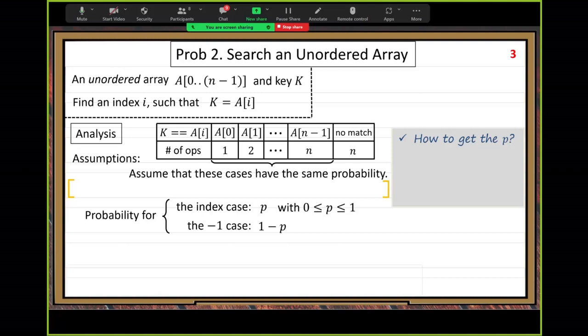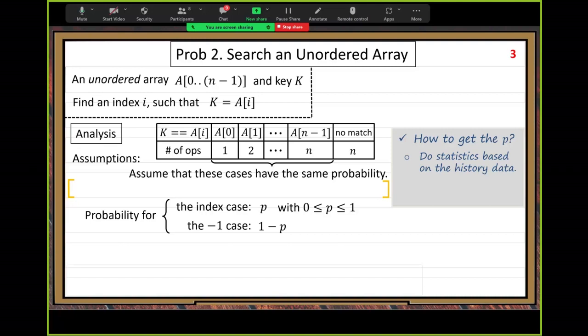Let me give you the possible answers. One way to get it is to do statistics based on the history data. When you apply this linear search algorithm on certain data, you should have some history data, so you just do statistics on the history data to get this probability p-value.